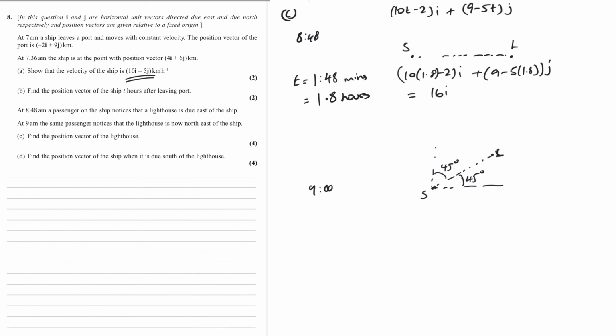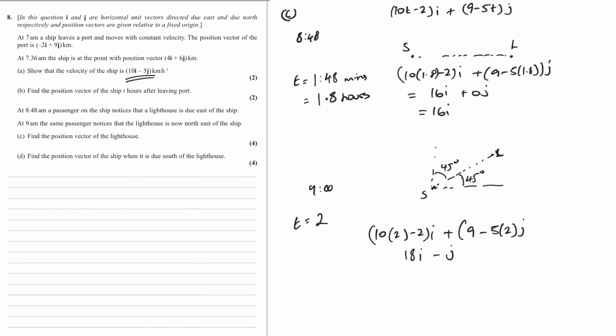So that's 16i and 0j. Looking at the second one, the time here is 2 hours. So we've still got 10 times 2 minus 2 i plus 9 minus 5 times 2 j. So this is going to give me 18i minus 1j.